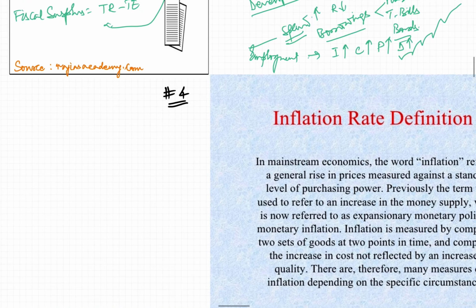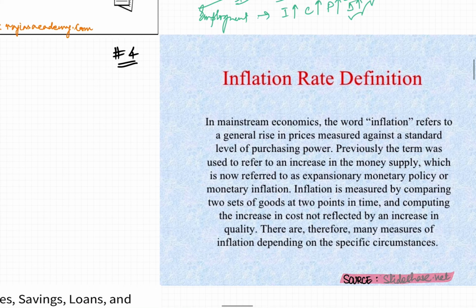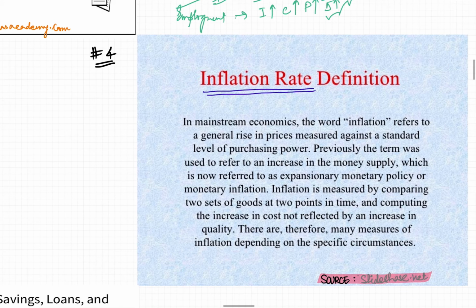Now, there's one more indicator that we call the inflation rate. Here we are talking about the inflation rate. Now, what is inflation? Inflation refers to a general rise in prices measured against a standard level of purchasing power.